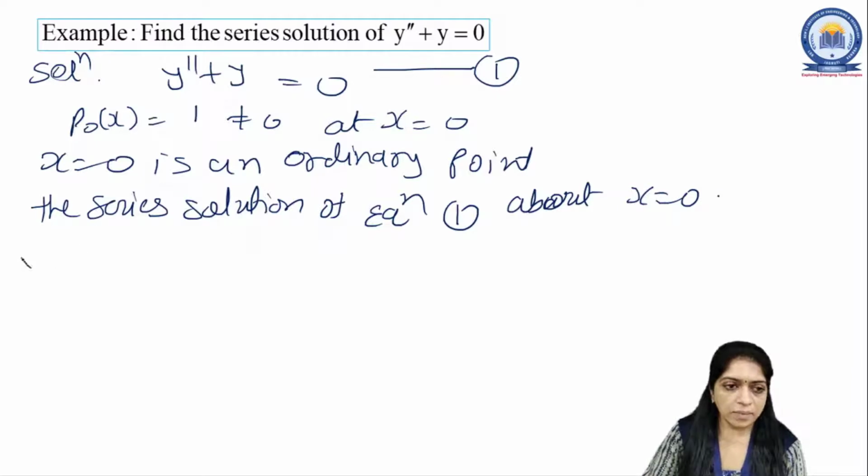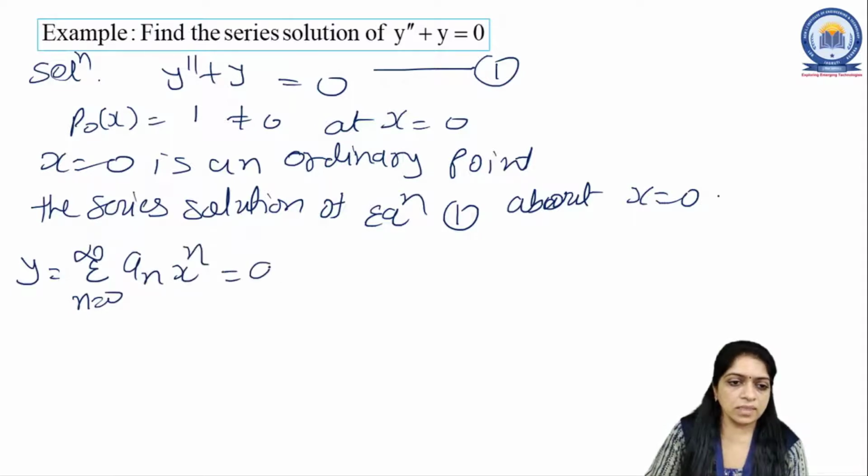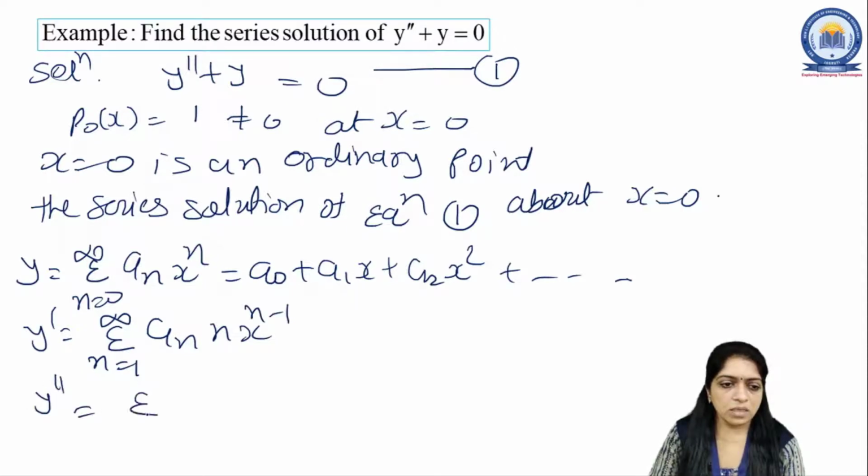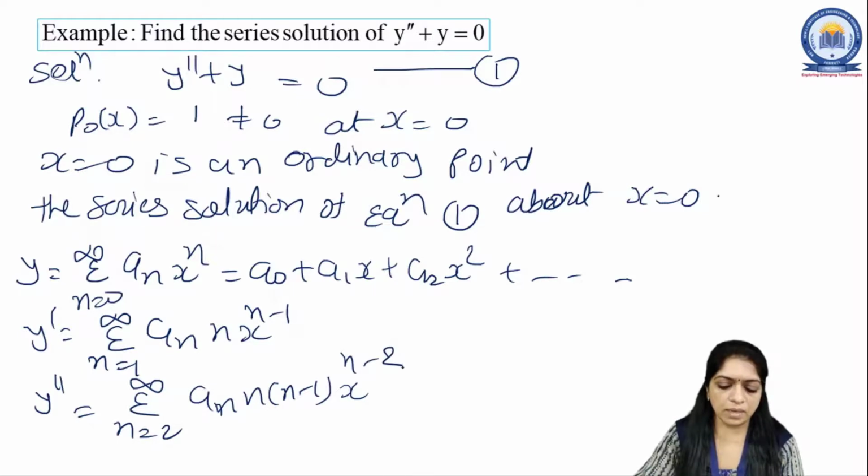that is y summation n running from 0 to infinity a n x raised to n, that is here a0 plus a1x plus a2x square up to so on. Now y dash, that is summation n 1 to infinity a n n x raised to n minus 1, and y double dash summation n 2 to infinity a n n minus 1 into x raised to n minus 2.